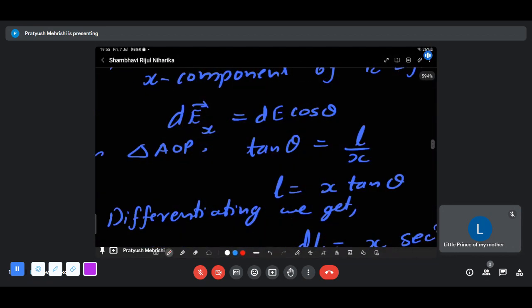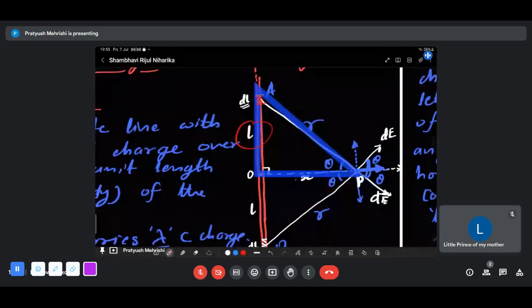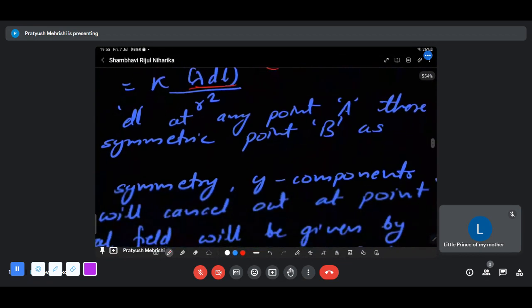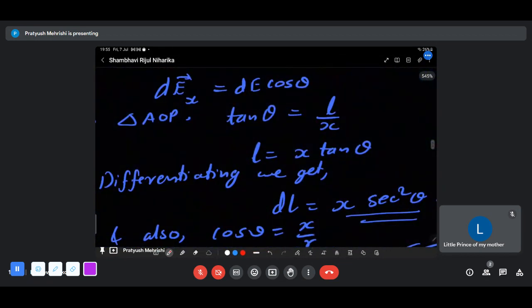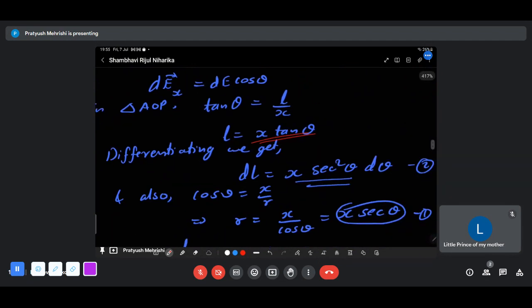Tan theta is opposite upon adjacent. Opposite is l, and adjacent is x. So l is x tan theta. Differentiate it. What will you get? dl will be equal to x sec square theta d theta. The differentiation of tan theta is sec square theta. We know that.